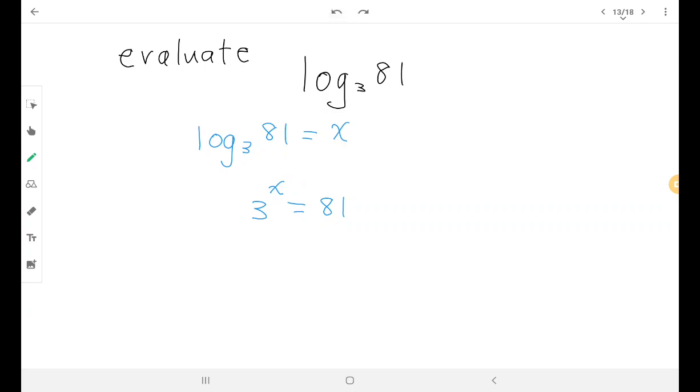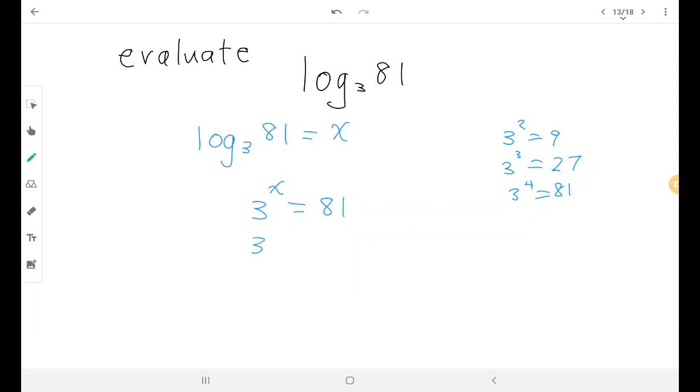Okay? And this will be easier for us to do if we can write 81 as a power of 3. So, for instance, 3 squared is 9. 3 to the third would be times another 3, which is 27. 3 to the fourth would be times another 3, which turns out to be 81.